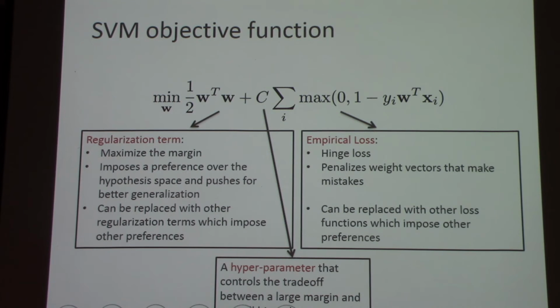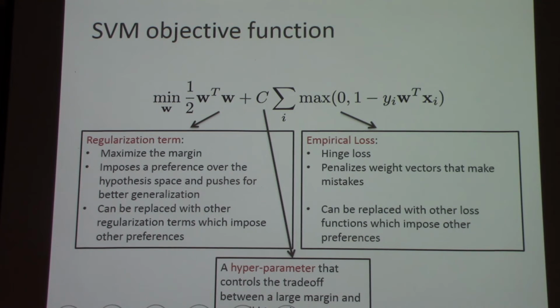Yes, if you scale W, that shouldn't change how you classify things, but here you are changing the scale of W. Because in designing this formalism, we fixed the scale of W to be the functional margin of the closest point. So in this particular formulation, we got rid of that degree of freedom to allow us to write an optimization problem.